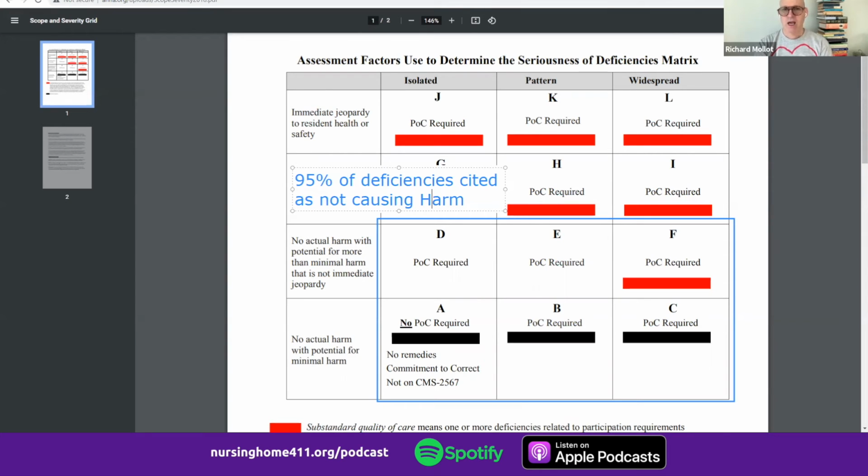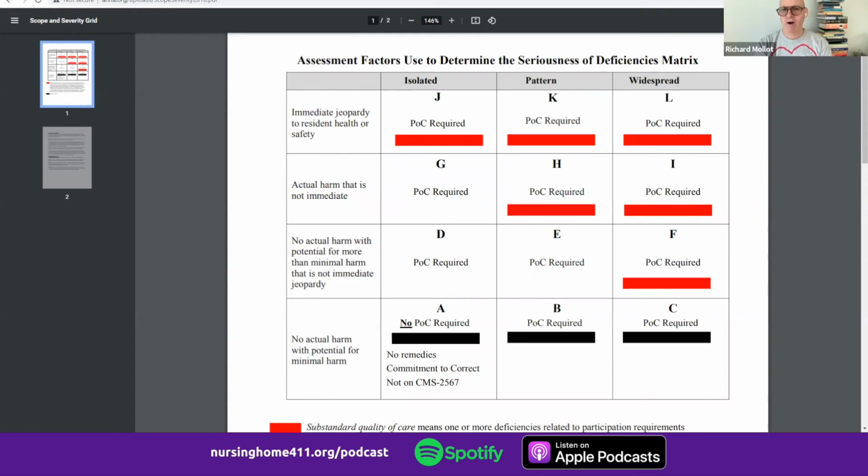So it's a very big issue, and it's one of the biggest goals of our advocacy to try to improve the identification of when a resident is harmed or when a resident has been put in immediate jeopardy.